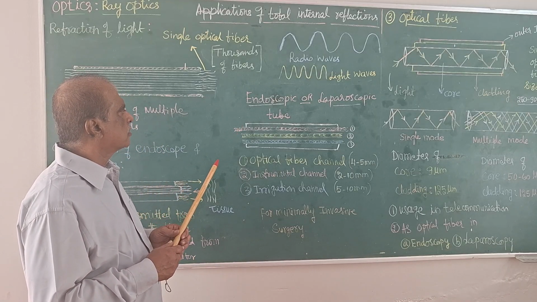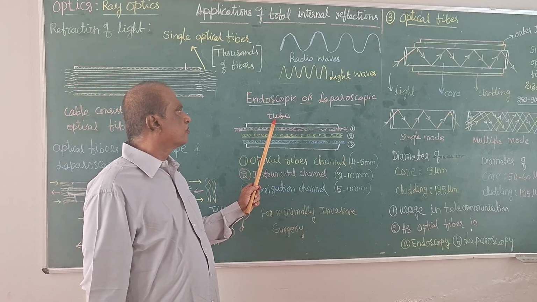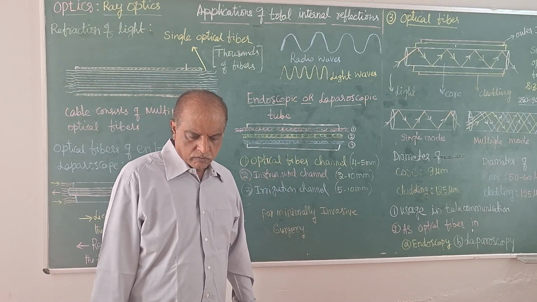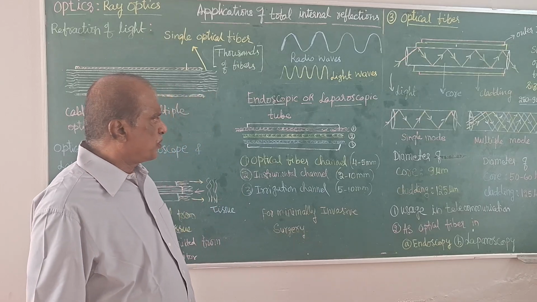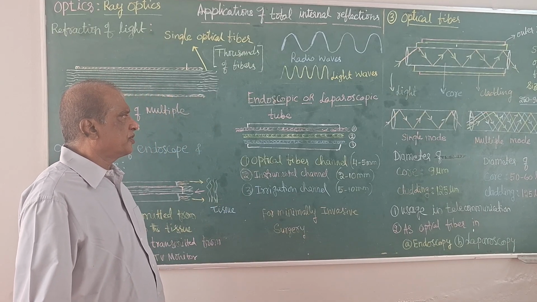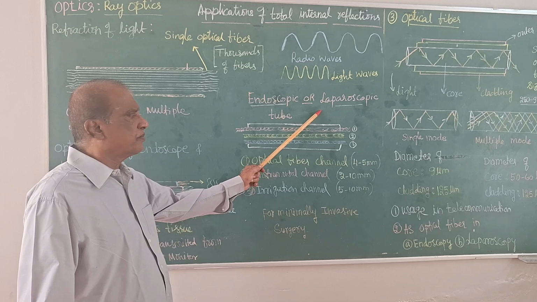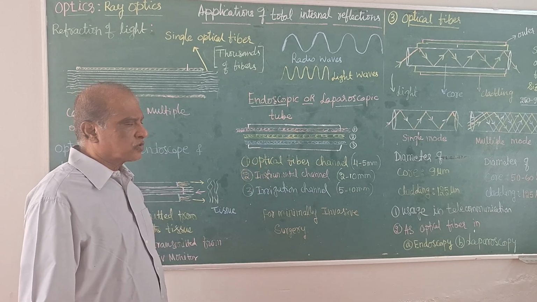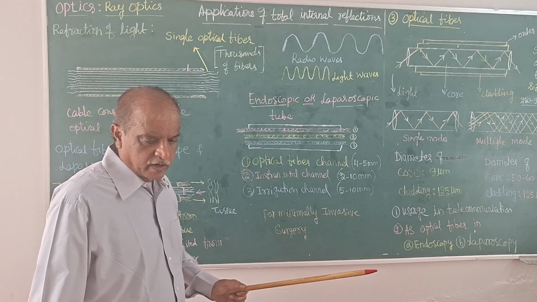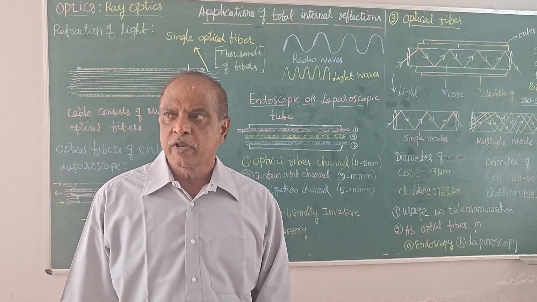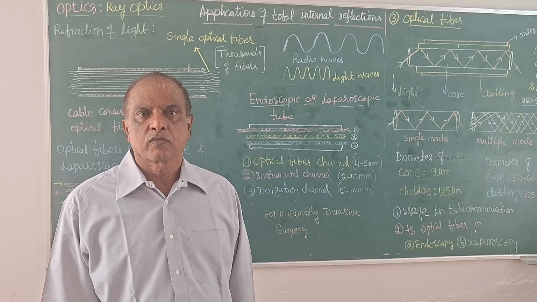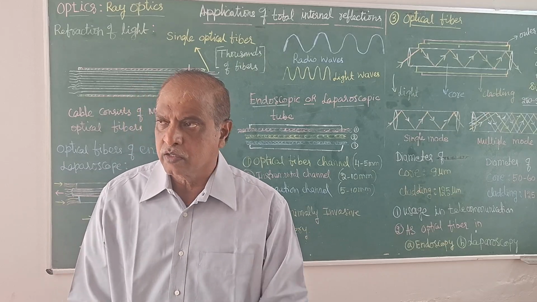And there are two types of tube. It may be a laparoscopic tube or an endoscopic tube. What is a laparoscopic tube? A laparoscopic tube is rigid, made of metal. We use this laparoscopic tube for carrying out surgery of the abdominal organs. What are those abdominal organs?